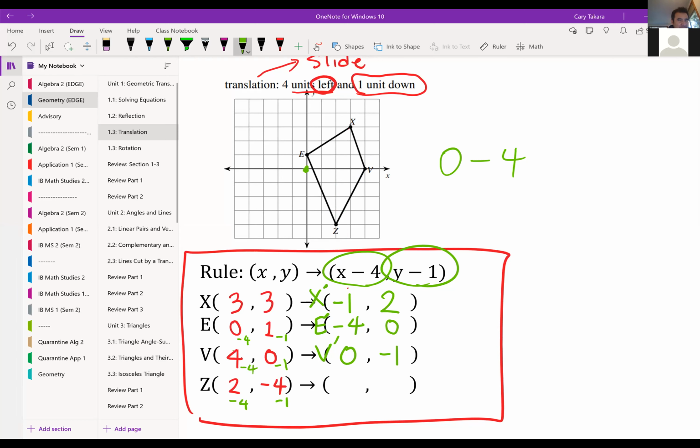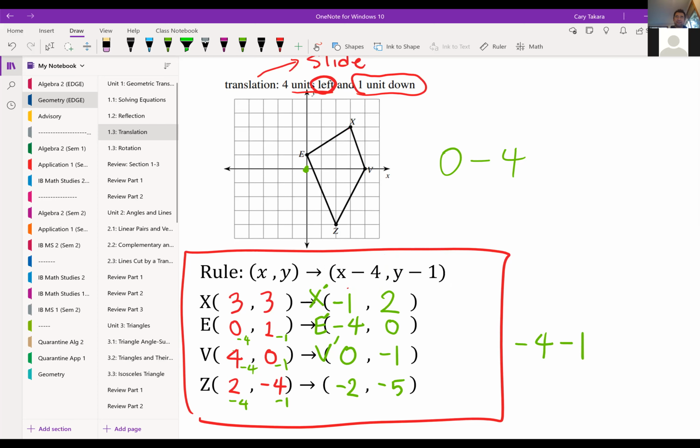So what's 2 minus 4? That's negative 2. And then what's negative 4 minus 1? Is everybody okay on that? It's negative 5. Is that what you have? Okay.